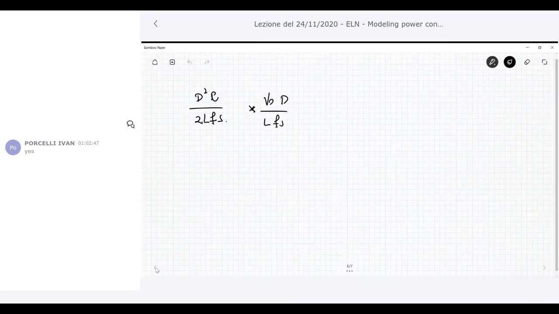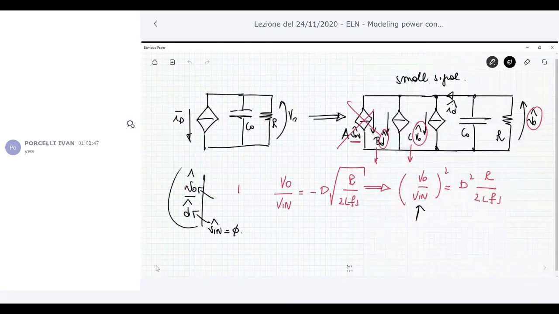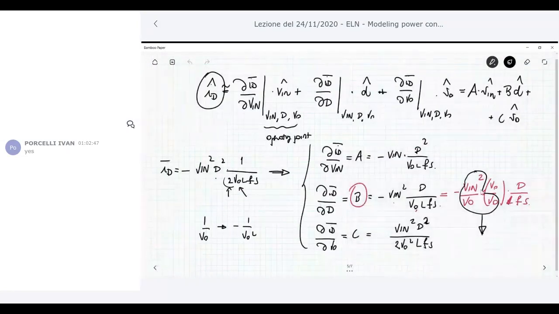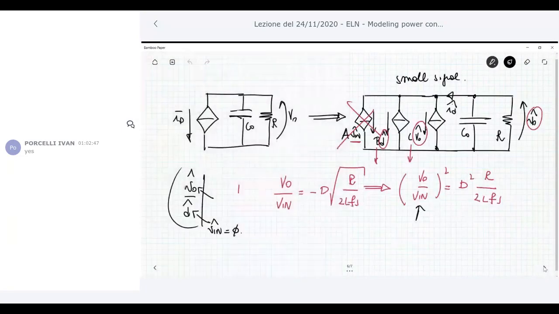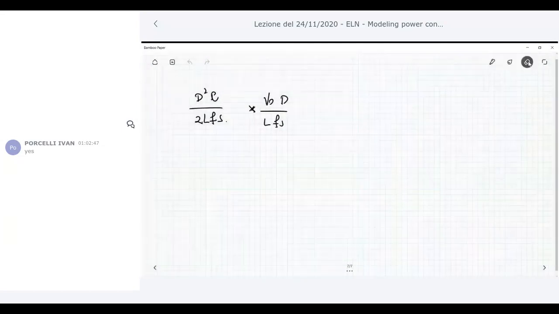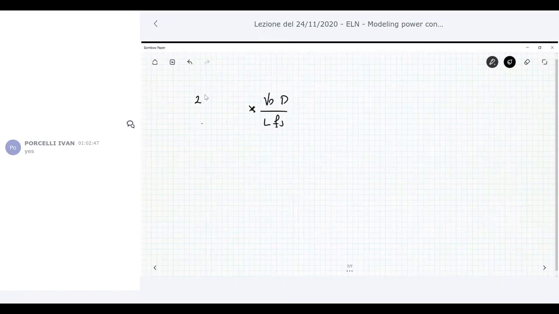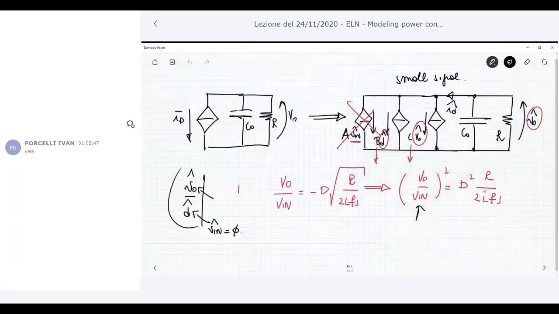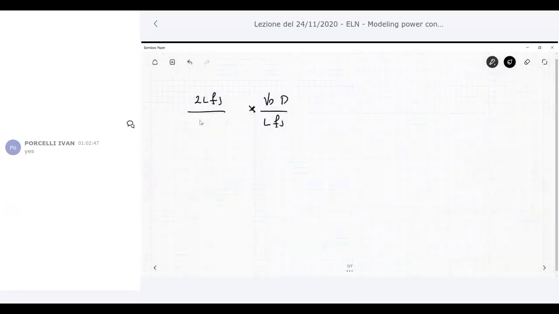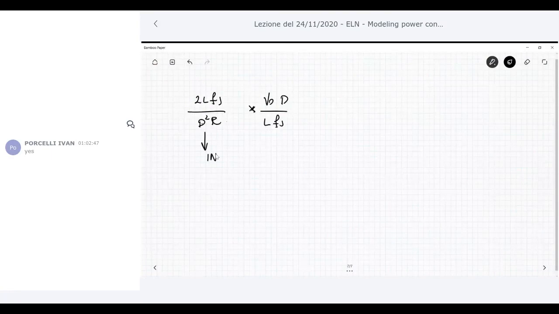Sorry, there is something which is not right. This is V in square over V naught square, so it's the opposite. I have to replace 2 L Fs; of course, it is 2 L Fs over D square R. This is V in square divided by V naught square.